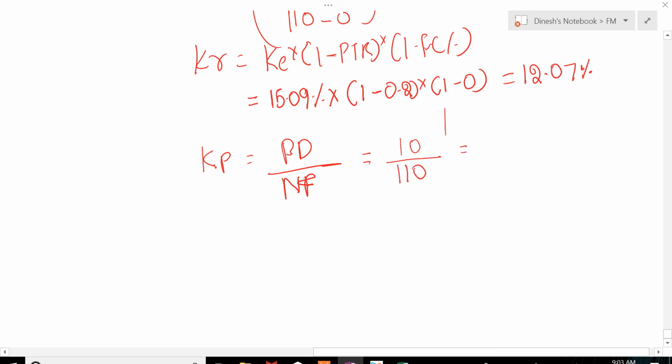So 10 by 110 is 9.09%. Any doubts on 9.09%? Can we proceed?